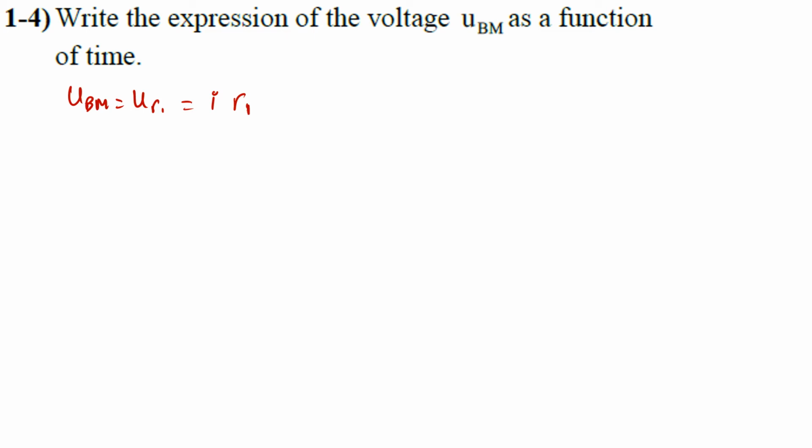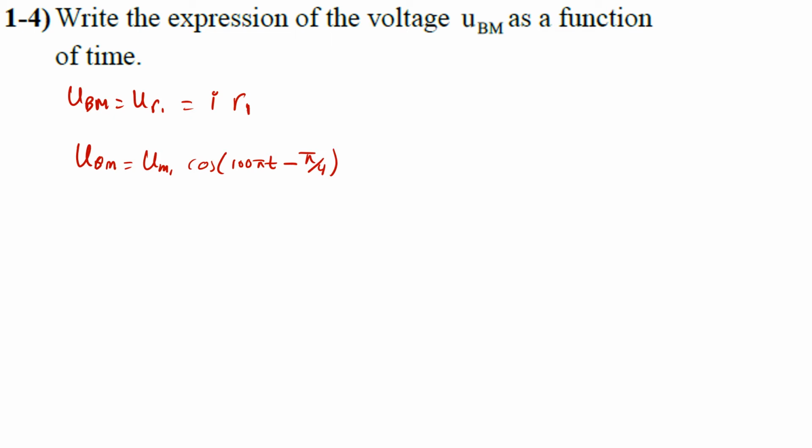So UBM is equal to UM1, the maximum voltage related to UBM we calculated before, multiplied by cosine of omega, which is 100 pi t, minus the phase difference, which is pi over 4.